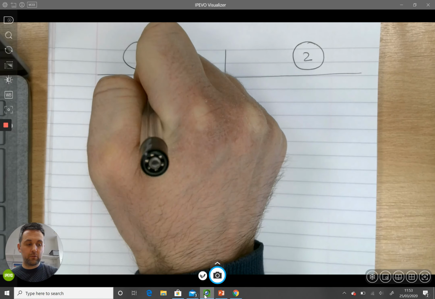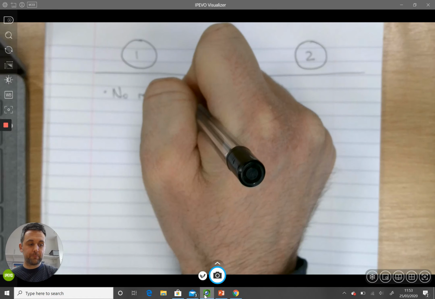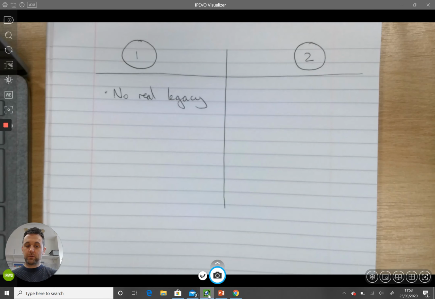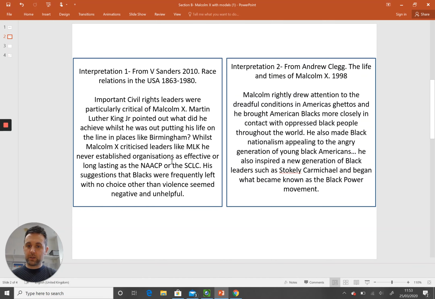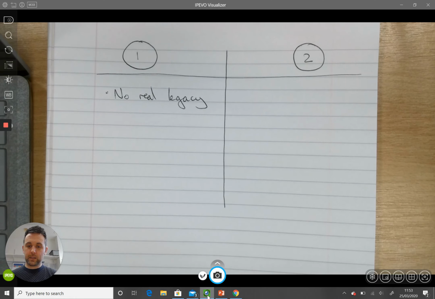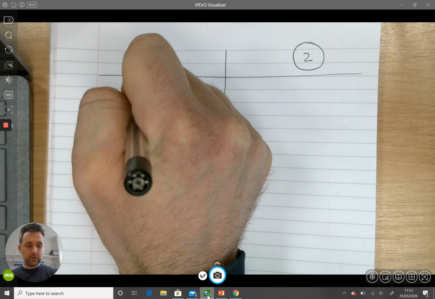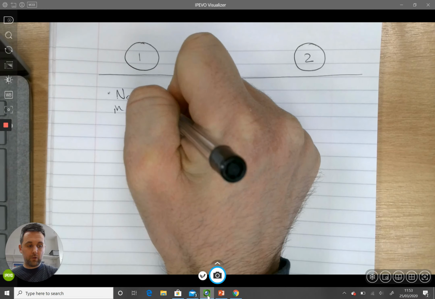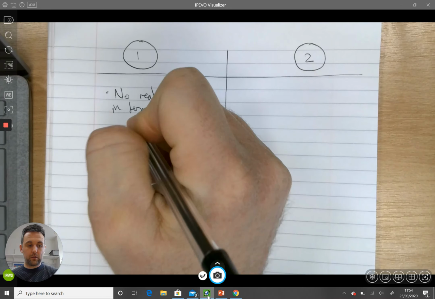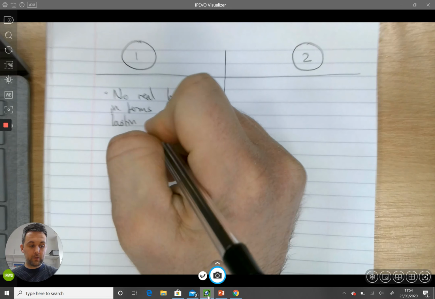I'm just going to switch back. It says here, never established organisations as effective or long lasting. So no real legacy in terms of long lasting organisations.